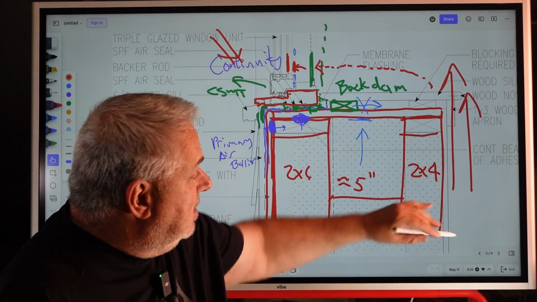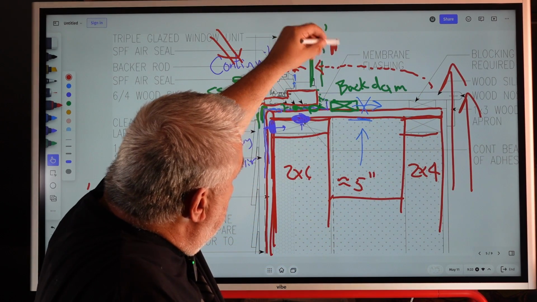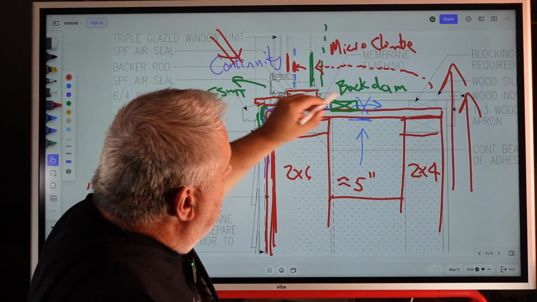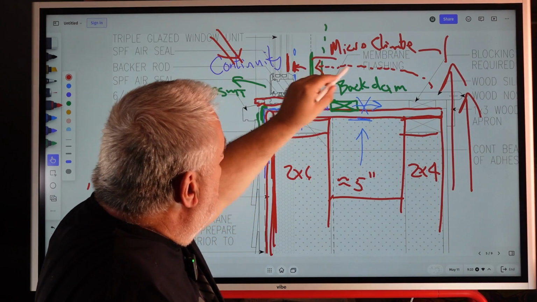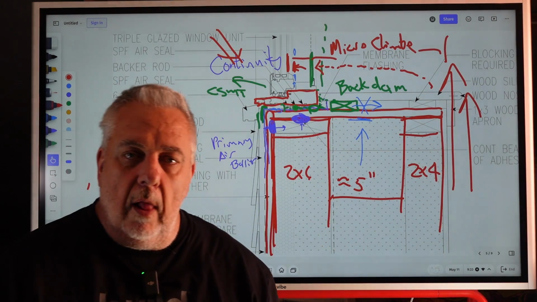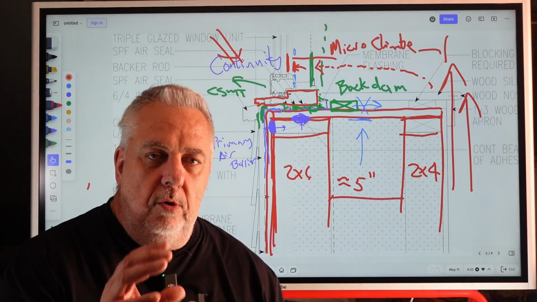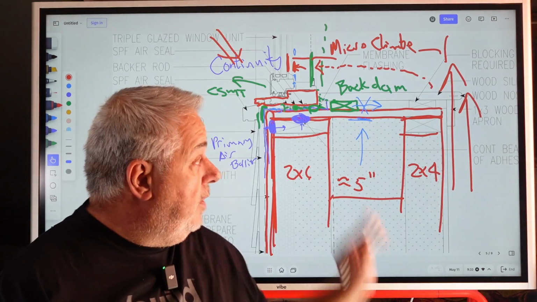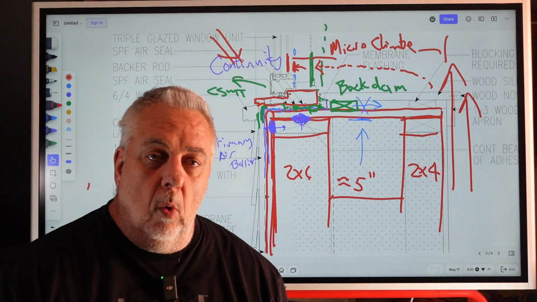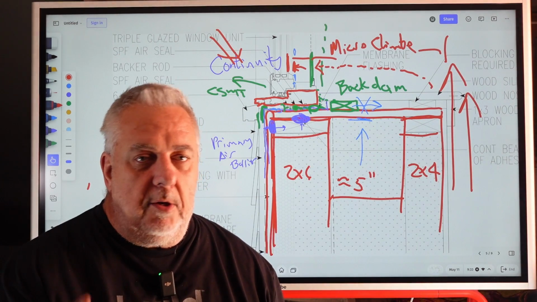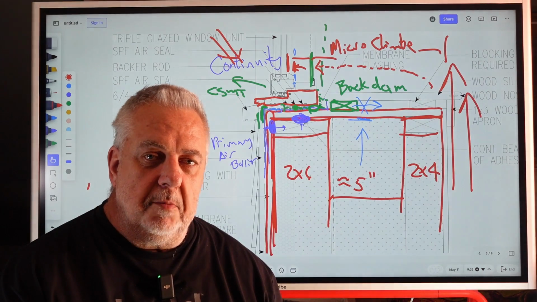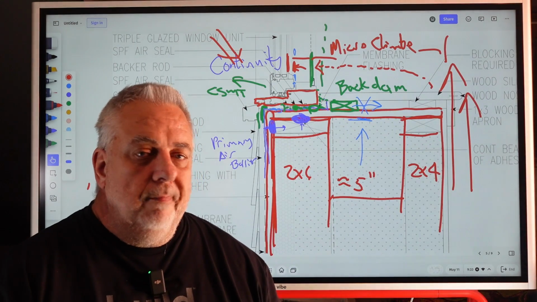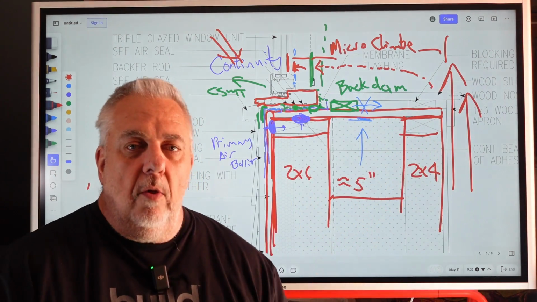And so because of that, I could create what's called a microclimate inside here, that because that microclimate doesn't quite get enough energy in there to warm the glass might be 2 or 3 degrees colder than it would if the window was more in the middle of the wall. And that 2 or 3 degrees could certainly be the difference between vapor staying vapor or vapor condensing into a liquid form. So I'm always cautious when I push the windows all the way out to the outside.